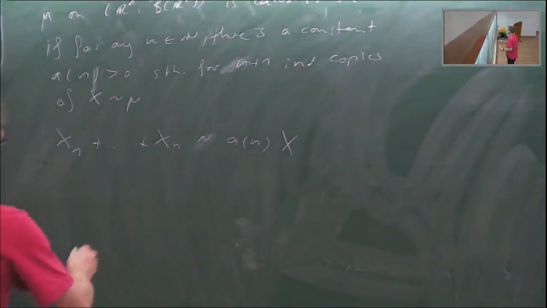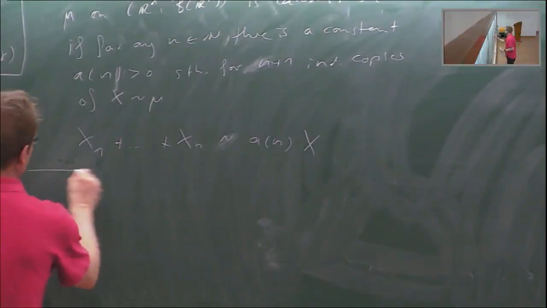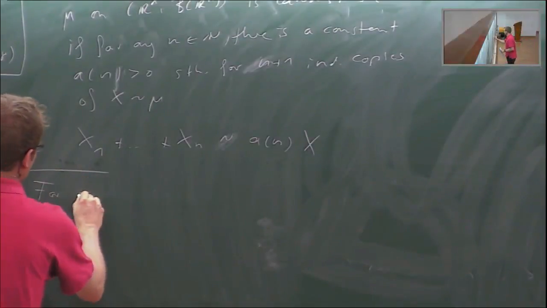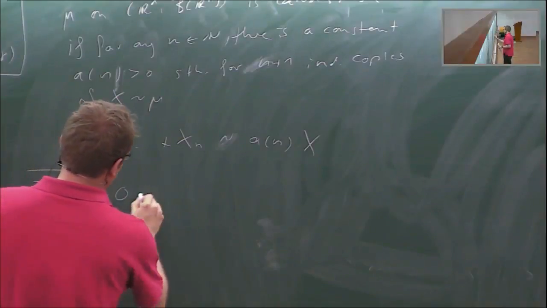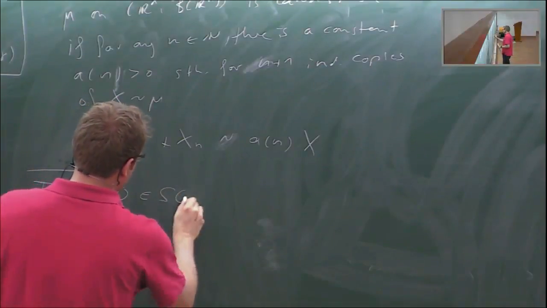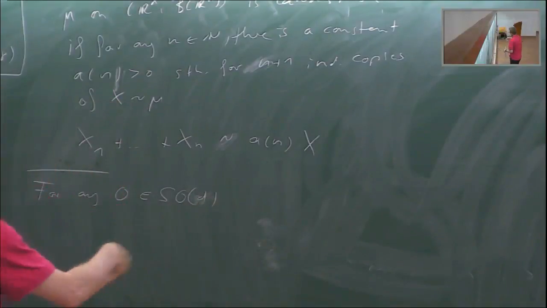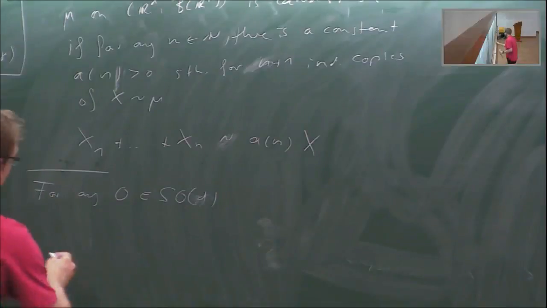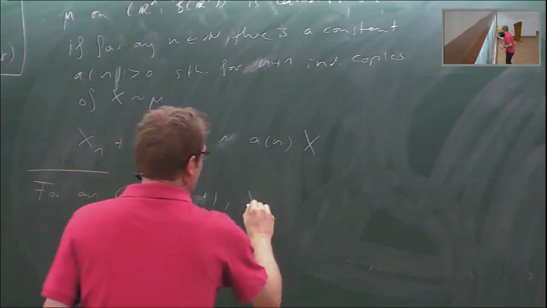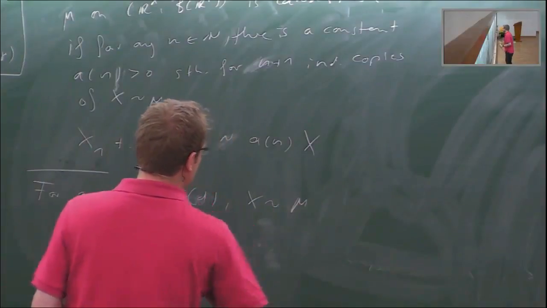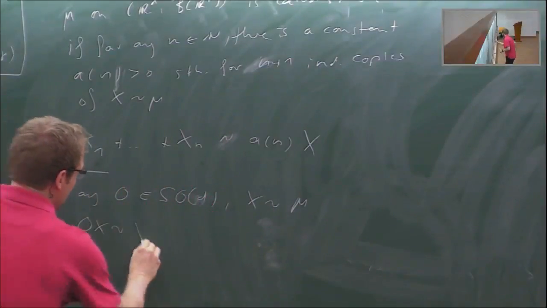Rotational invariant just means it's the strongest form of symmetry. This means for any O, which is just in O(d), some kind of rotation, and we have x distributed according to mu, that Ox is distributed like x.